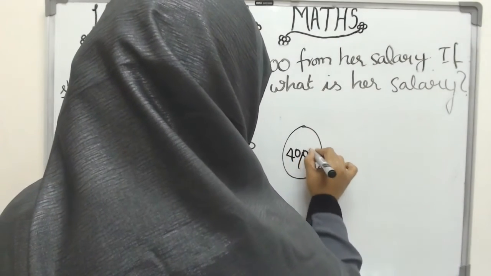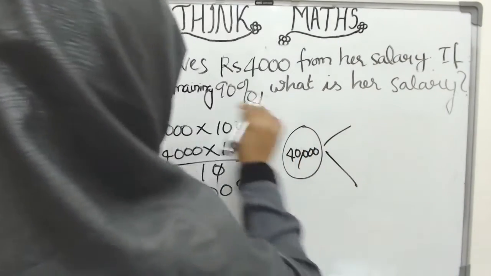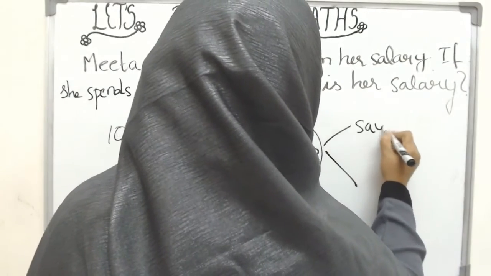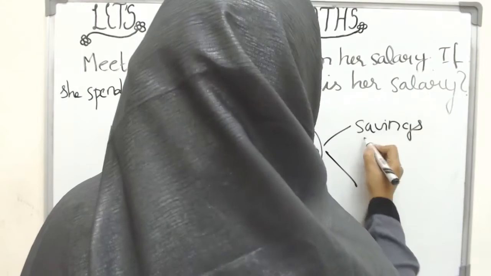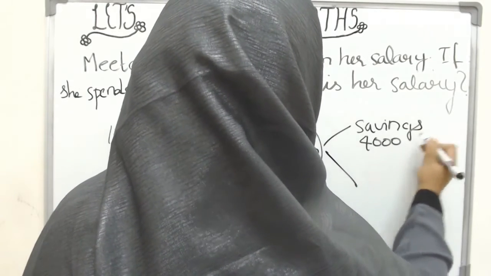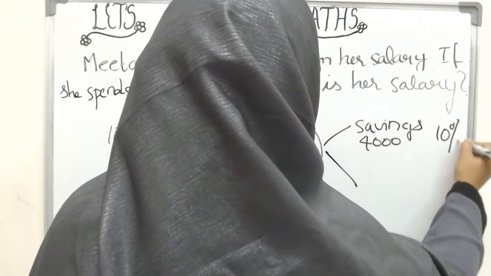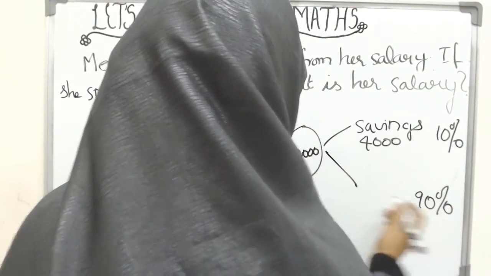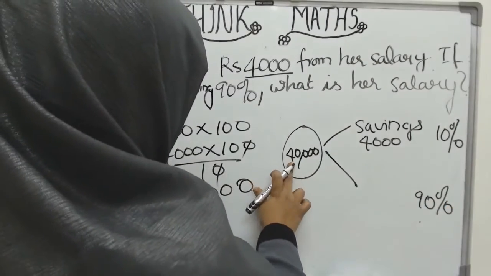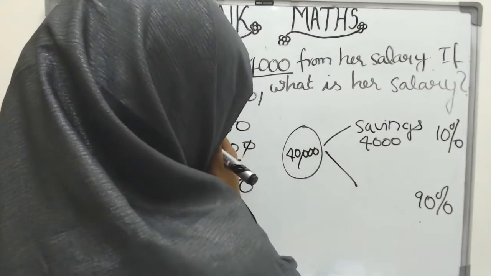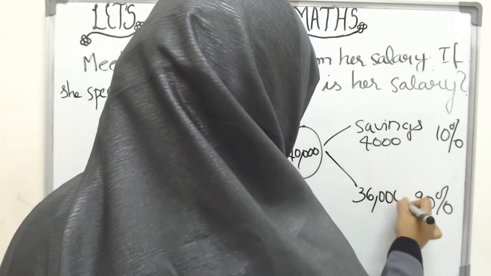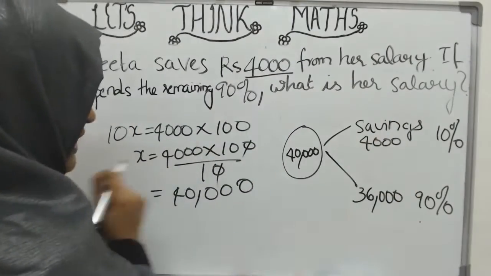Out of this, how much did she save? She saved this much. Savings was 4,000, which was just 10%, and the amount that she spent was 90%. How much was that? 40,000 minus 4,000, that would be 36,000. So she spent this much and saved only this.